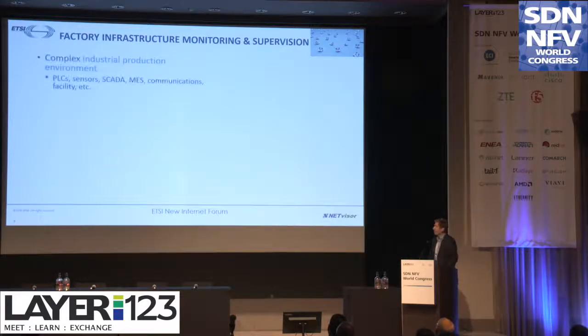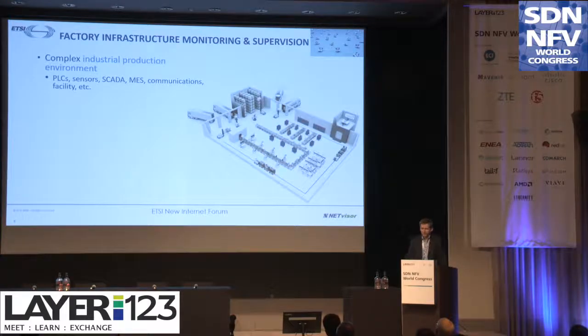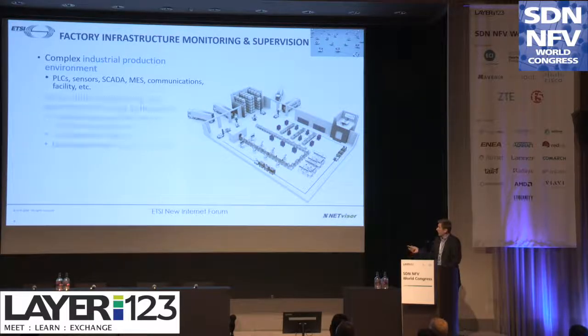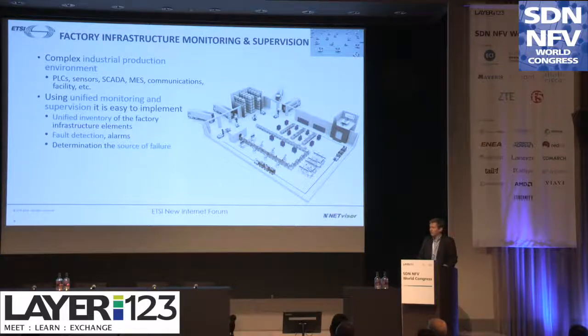Okay, about factory infrastructure monitoring and supervision. Industrial production environments are pretty complex. Basically, they consist of several subsystems, such as the production control subsystem, the ICT or communication subsystem, and the basic infrastructure, the facility. The actual practice is that these subsystems are monitored and supervised individually and totally separately. Our approach is to use unified monitoring and supervision.